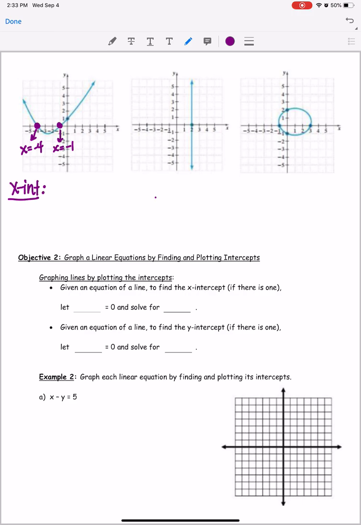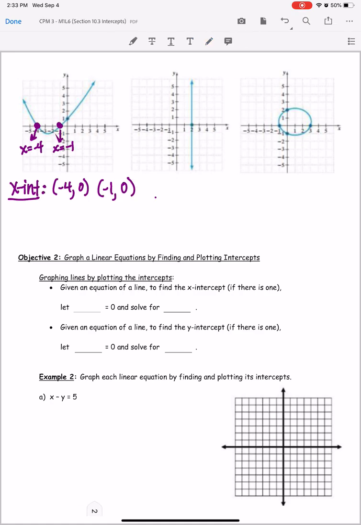So you have 2 separate ordered pairs. This first one for my -4 means that I've got -4 in place of my x coordinate. In place of y, we've got 0. We also have x is -1. So for my x, it's -1, and we put the 0 in for the y.